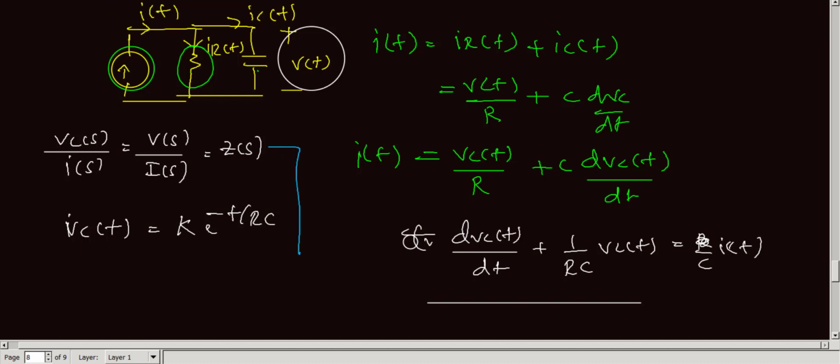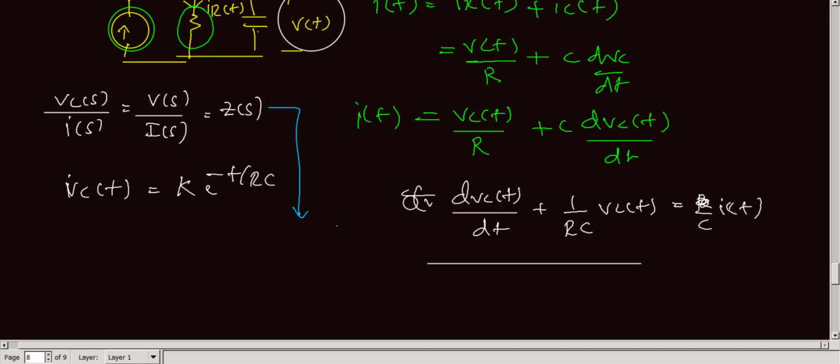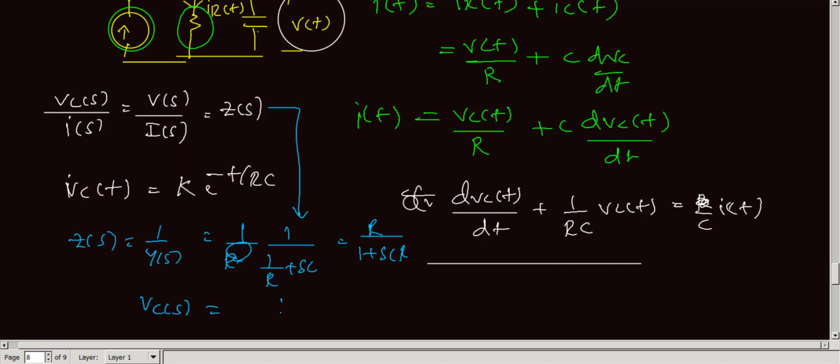So I can write Z of s equals 1 by Y of s, that equals 1 by (1 by R plus SC). If you solve this, 1 by SCR into R, I will get Z of s. So Vc of s equals R by root of 1 plus (omega RC) whole square, at an angle minus tan inverse omega RC.